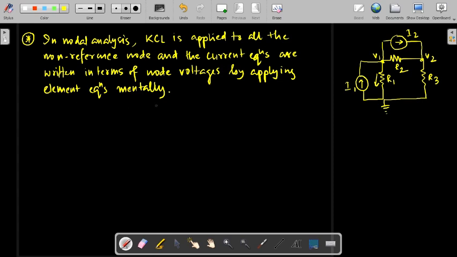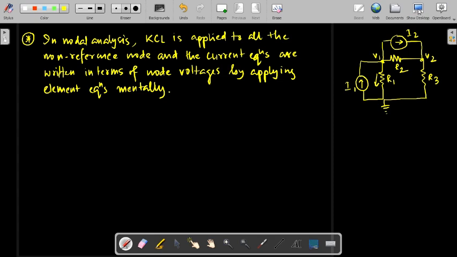Now whatever equations you have got, you can solve them using Cramer's rule or a very general method of solving algebraic equations, but there is another way. We can directly write down the equations in matrix form. You have already gone through matrix algebra in mathematics, and you know that linear algebraic equations can be represented in matrix form.